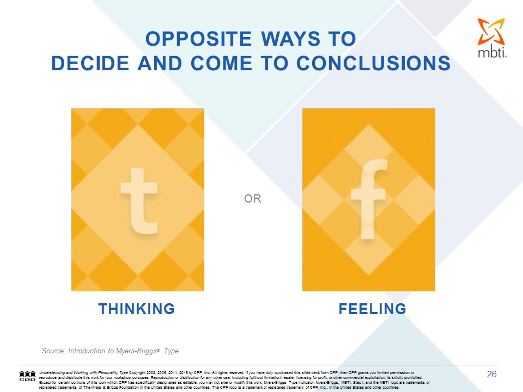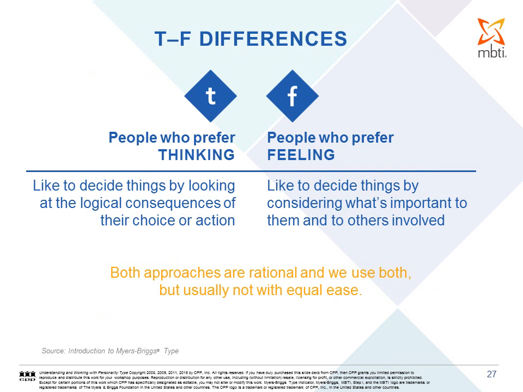So, the next dichotomy is thinking or feeling, and they focus on how you come to conclusions or how you make decisions. So some of the differences: people who prefer thinking like to decide things logically.